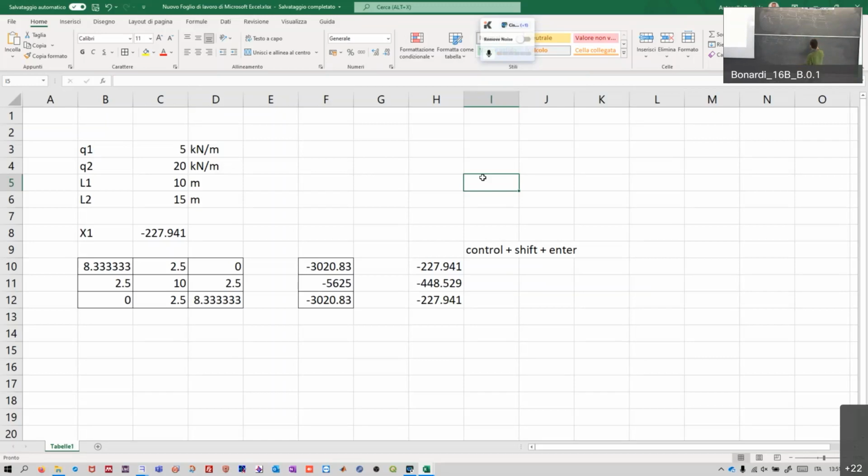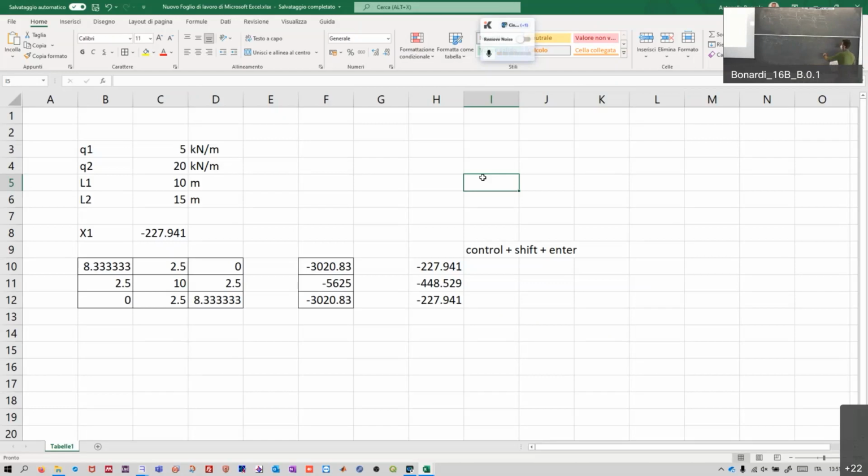T of X for AC, we would have this positive for reference, minus VA, plus Q1 times X, because the load depends on the length. But we take all the stuff on the other side of the equation, so the signs vary, and we have VA minus Q1 times X.